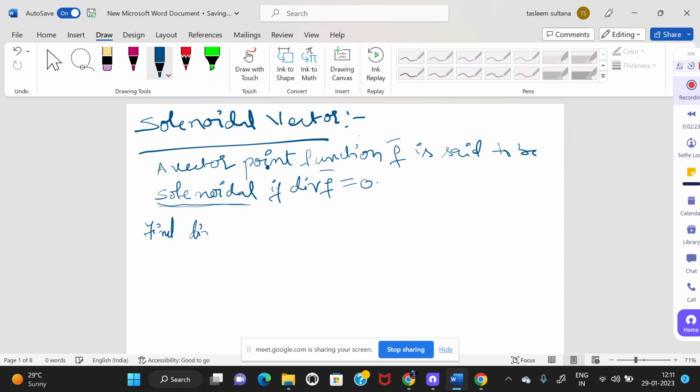Find divergence of f vector where f vector is equal to r to the power of n into r vector.